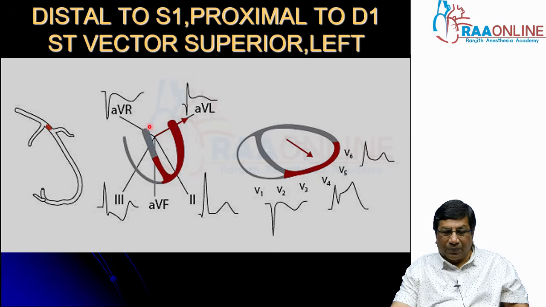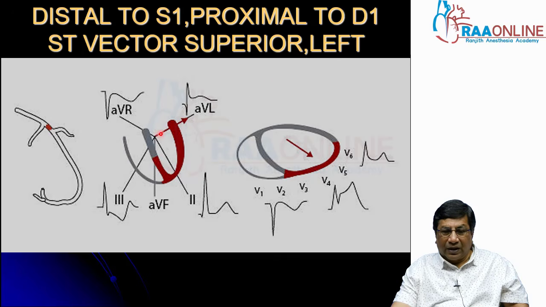But in contrast to the previous ECGs with proximal LAD occlusion, the LAD occlusion beyond the first septal branch will predominantly involve the high left lateral basal wall of the left ventricle. So now the injury vector is directed up and towards left because no longer do I have the basal septal involvement.